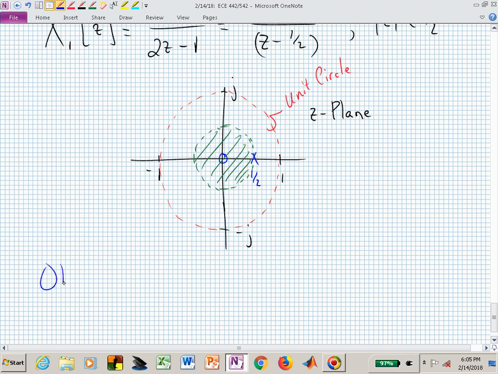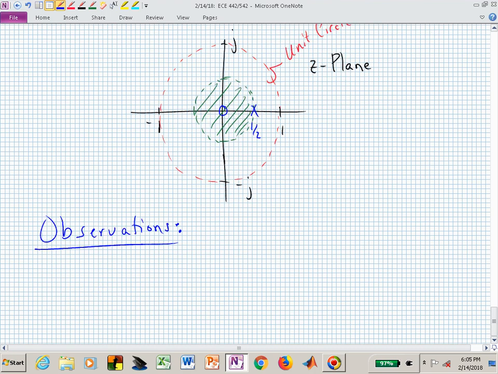What observations can we make for case number 1, which we had a non-causal sequence, and we know its region of convergence, and we know something about that behavior of that non-causal sequence?